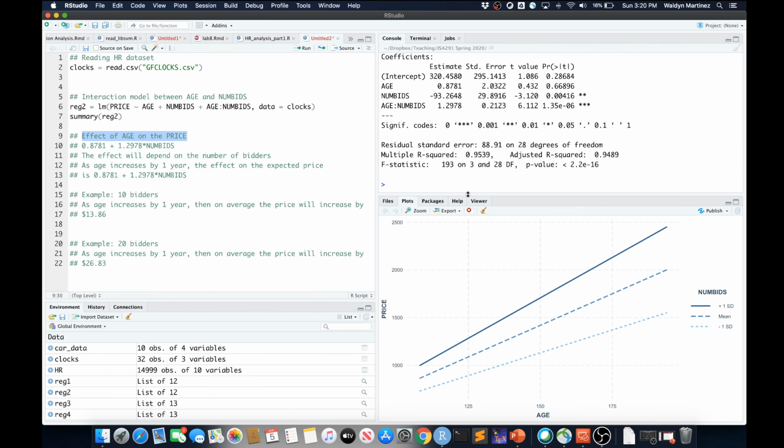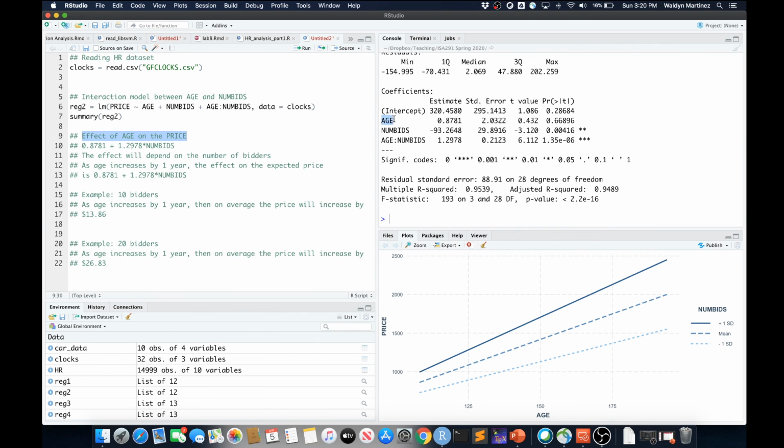So in this case, the effect of age is no longer just that particular parameter estimate that multiplies age, but it's every place where you see age belonging to an interaction present. All right, so I hope that helps. We will next move on to an example where we have a quantitative variable interacting with a qualitative variable.